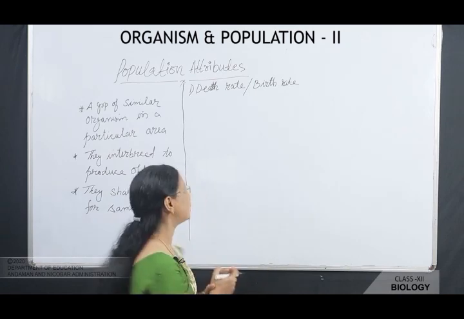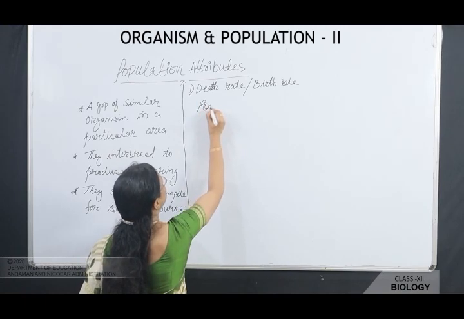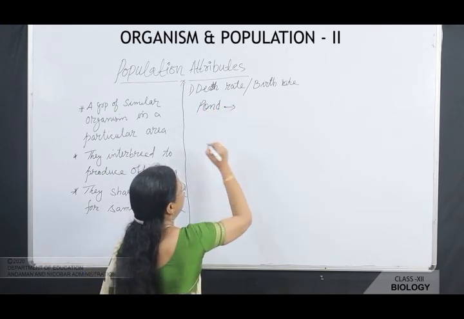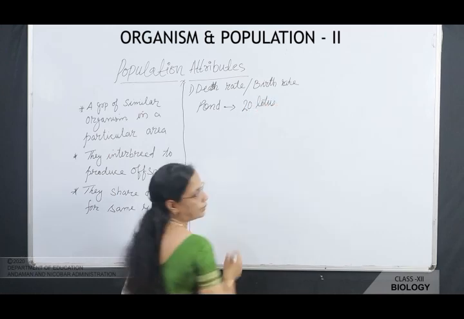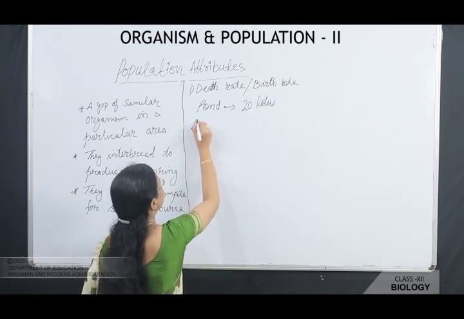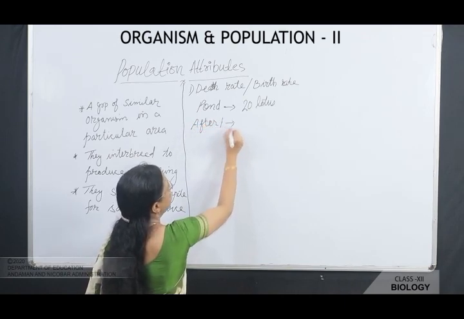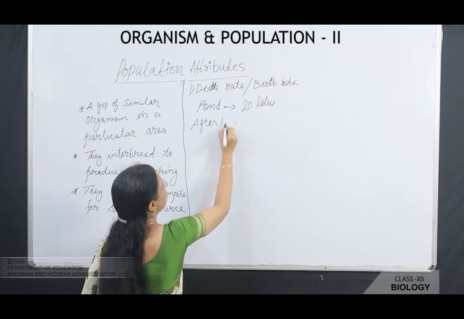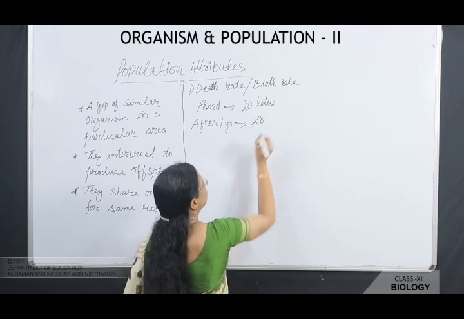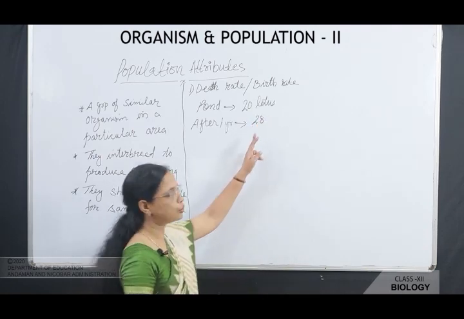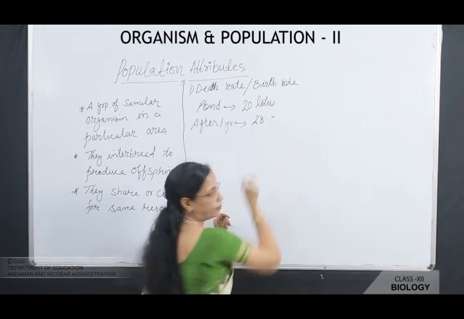So how is it calculated? Suppose we take an example like a pond. In a pond, there are about 20 lotus present. After 1 year, the number of the lotus is increased. That is, it becomes 28. That means 8 more lotus are added into this population.